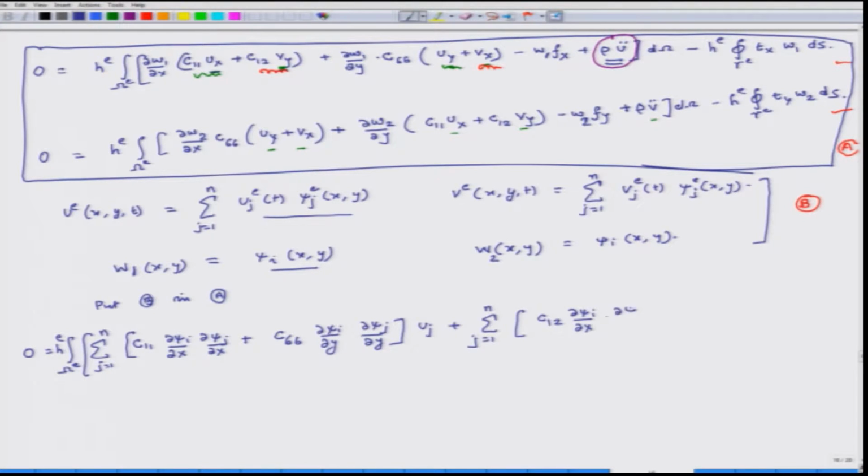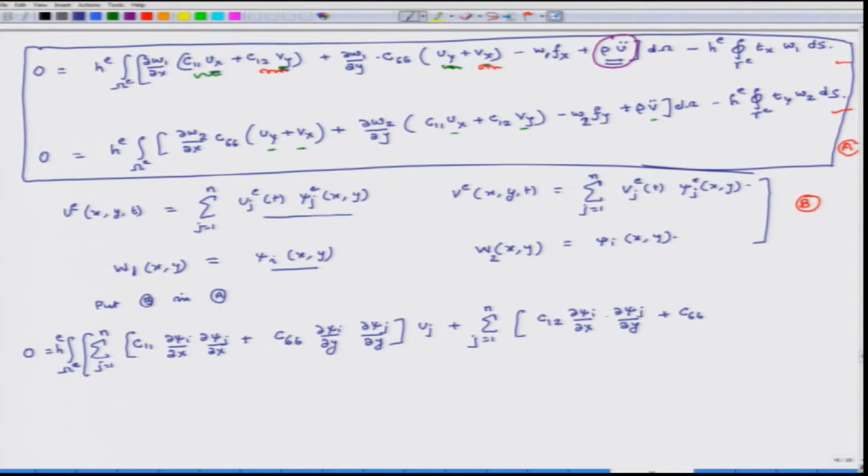So, I get del psi j over del y, because V is being differentiated with respect to y. Plus I get a term from C66.